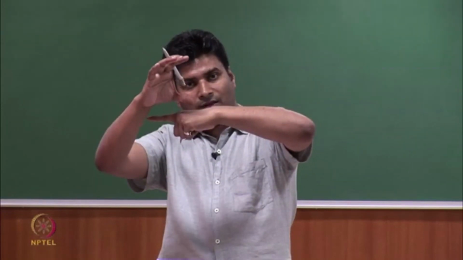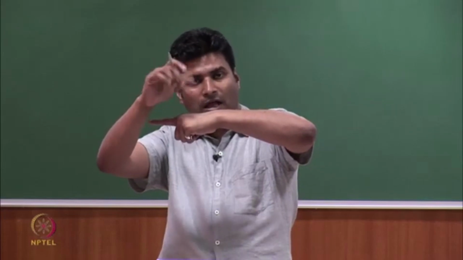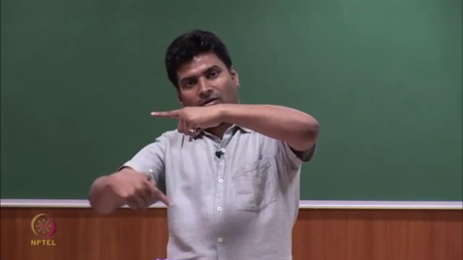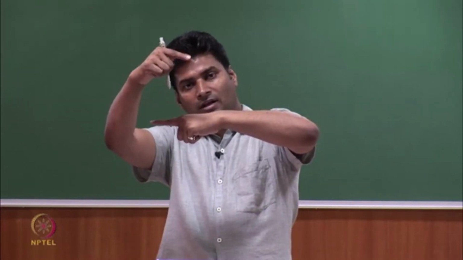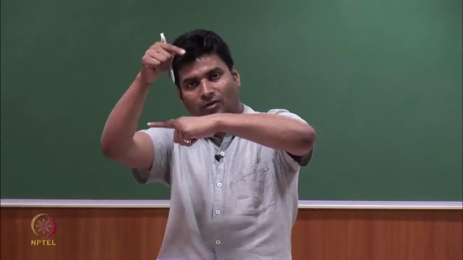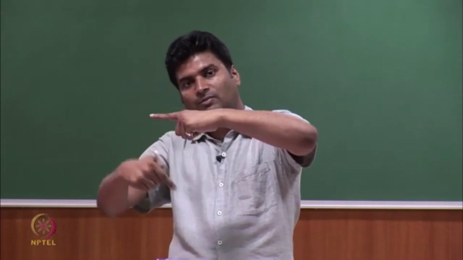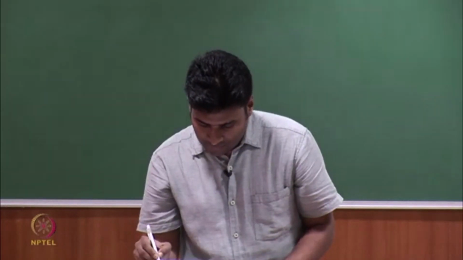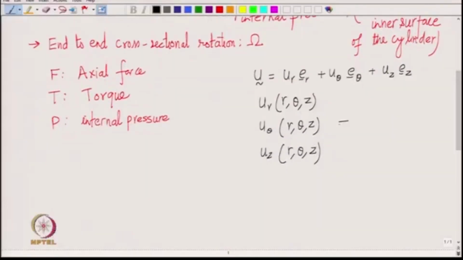So, if the radius is fixed and z is fixed and only vary theta, then we say it is axisymmetric if the dependence on theta is not there. So, for each of the points we have the same displacement. Okay. So, that simply means that u r, u theta and u z, they all depend on just r and z, no dependence on theta, and that is due to axisymmetry.